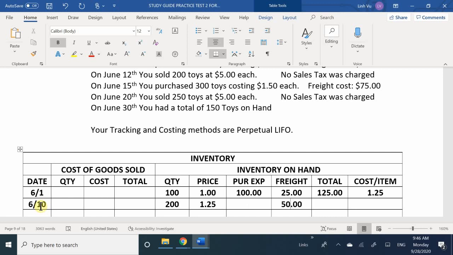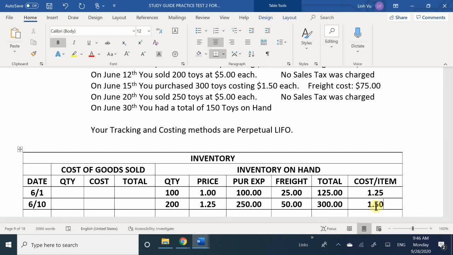So, what is my total purchase price here? $250. And my total cost? $300. And what is my cost per item now? $1.50. Okay?